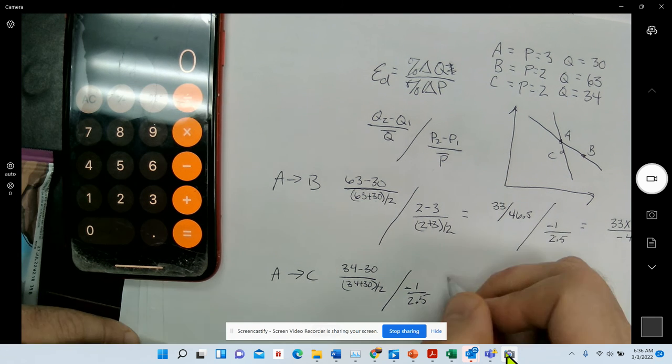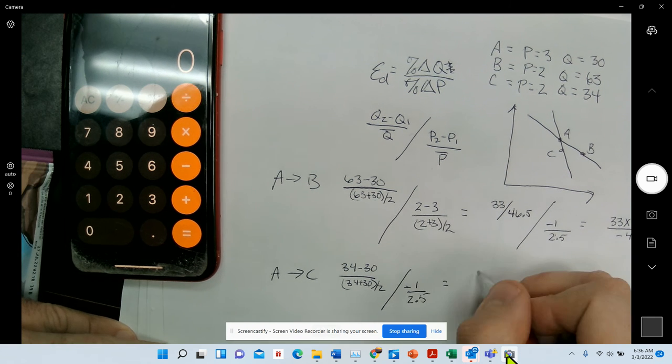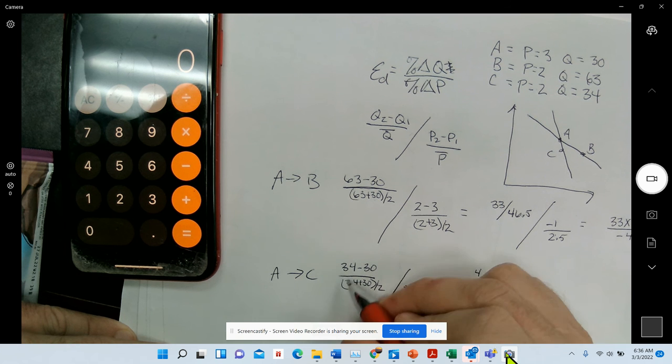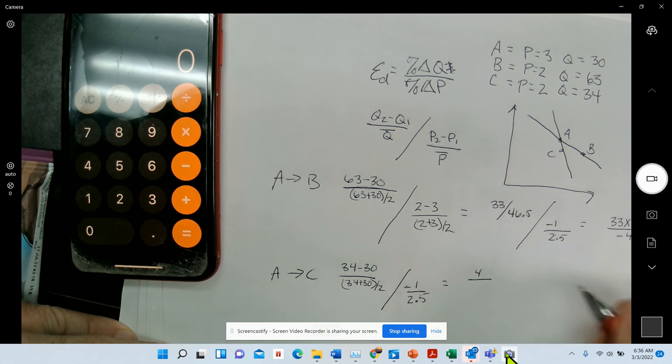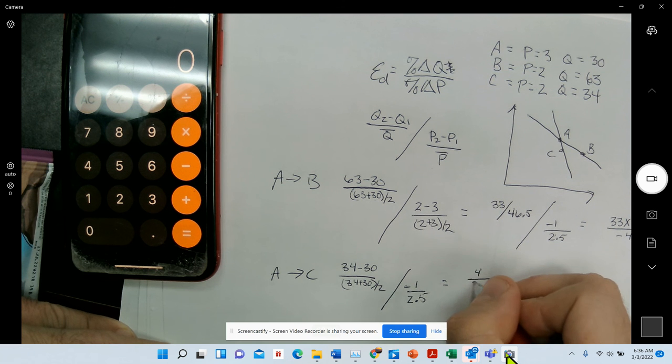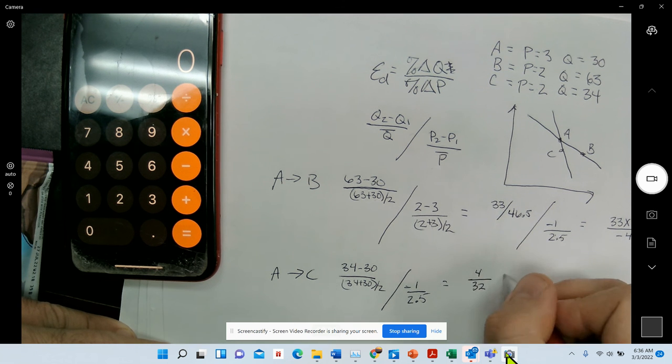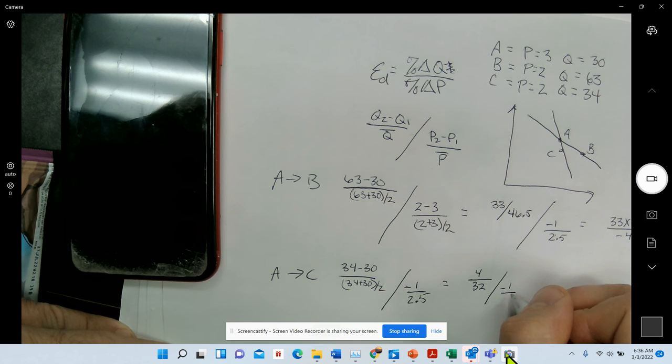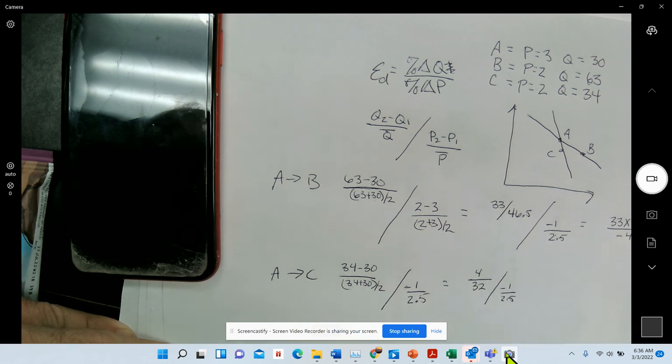Okay, so what do we have here? This can get simplified into 4. I'm going to simplify this top part: 4 divided by 64 divided by 2, so that should be 32, divided by negative 1 over 2.5.